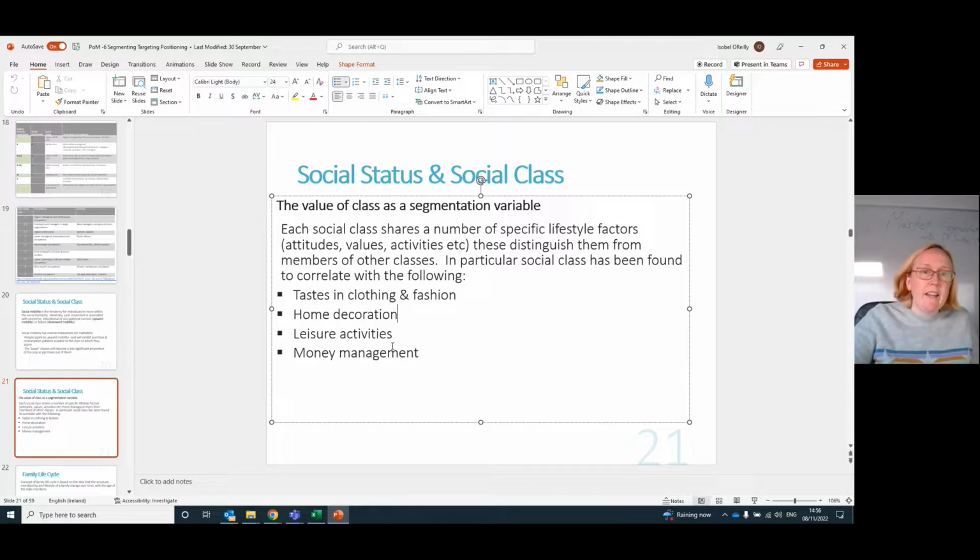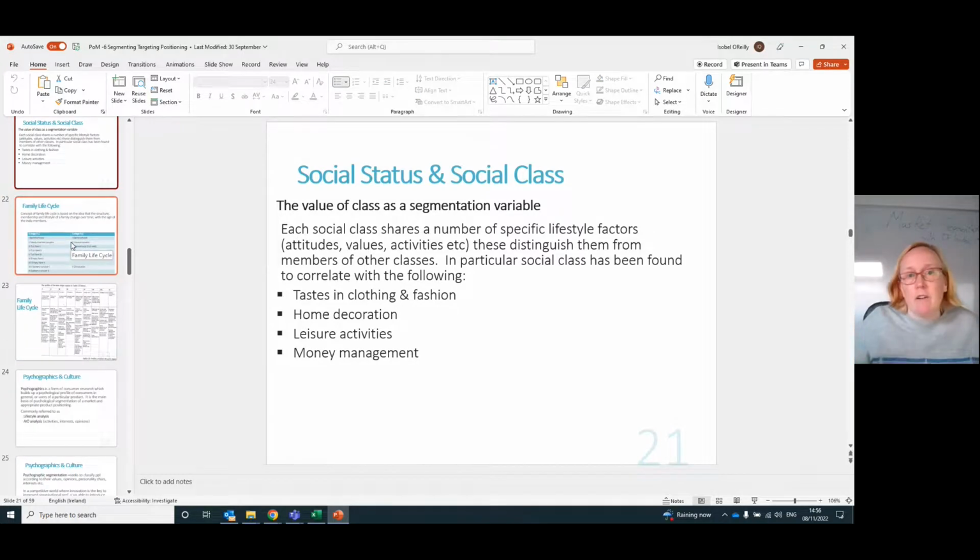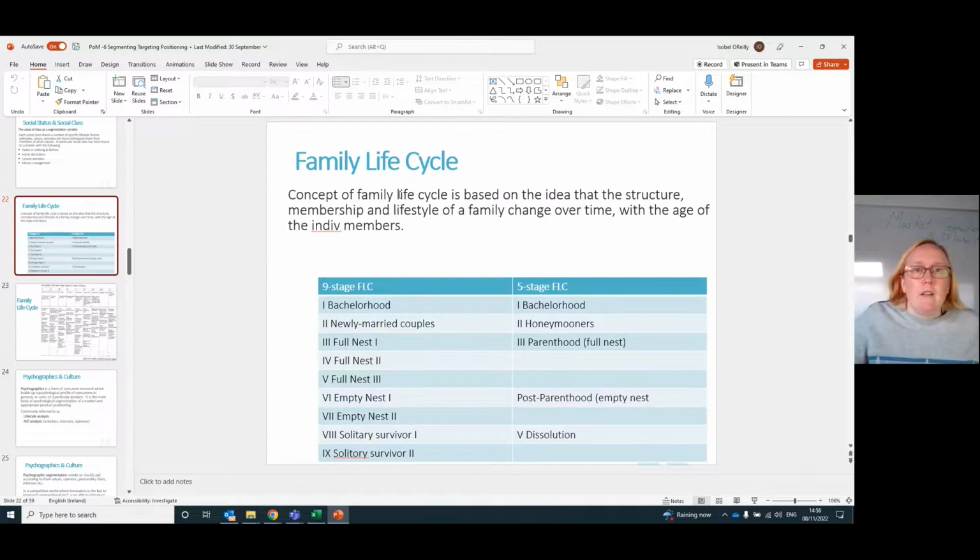Home decoration, then the same idea, leisure activities and money management. So whether or not we're looking for pensions or mortgages and so on, credit cards, the consumption of those, they are products.